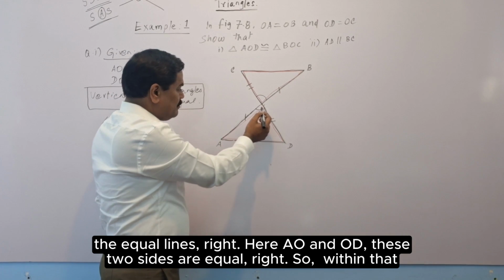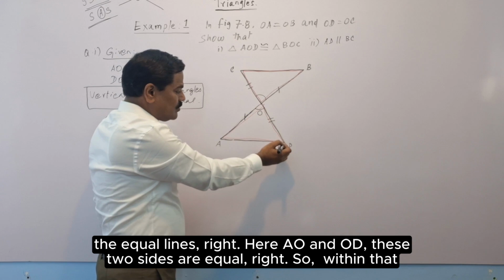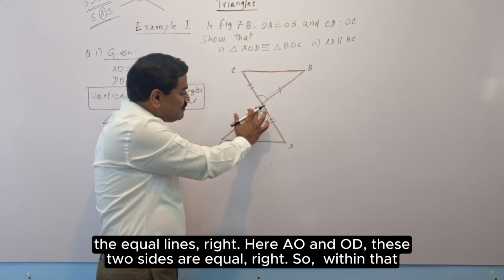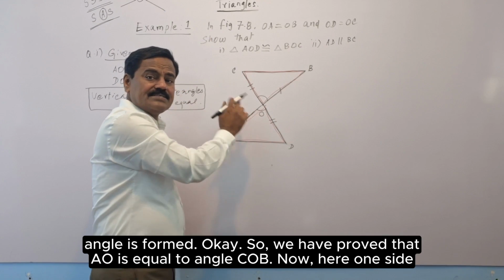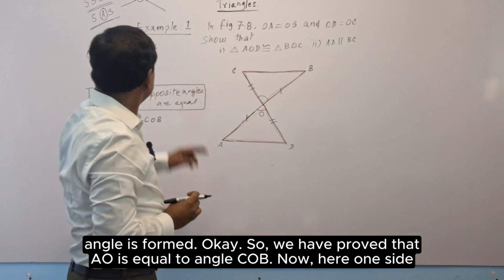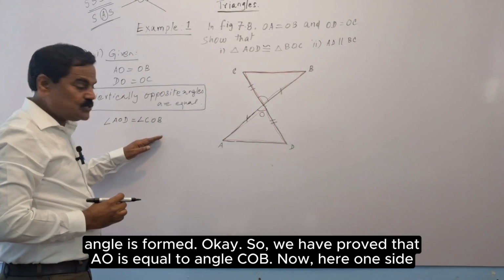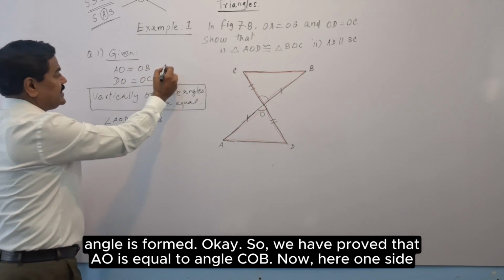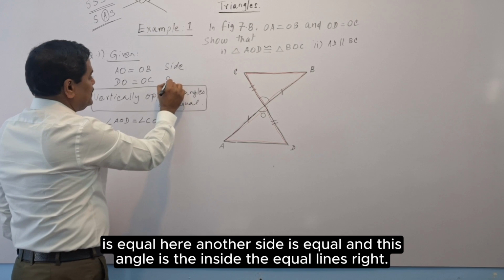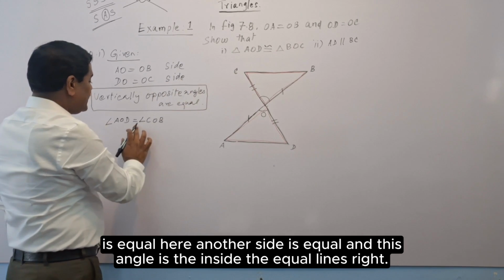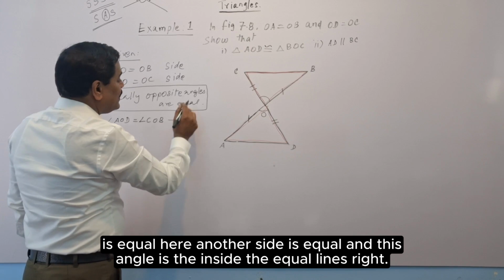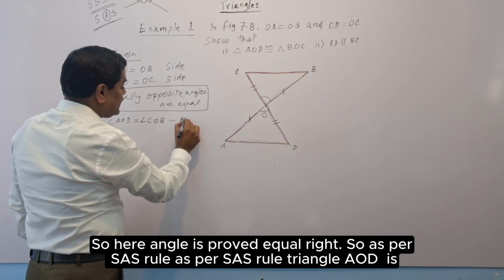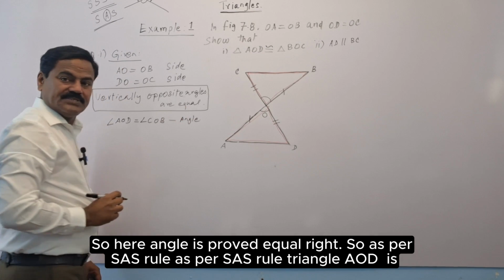Here AO and OD, these two sides are equal, so within that, this angle is formed. We have proved that angle AOD is equal to angle COB. Now here one side is equal, here another side is equal, and this angle is inside the equal lines, so the angle is proved equal.